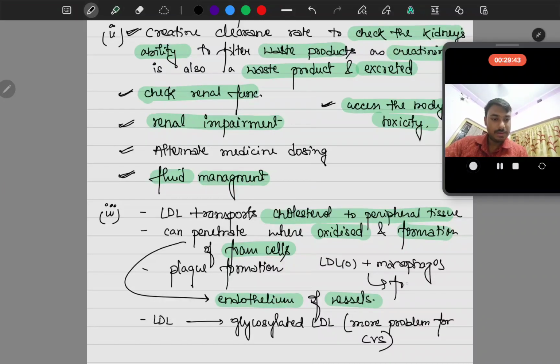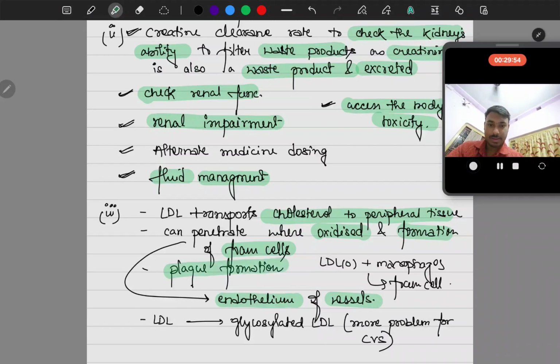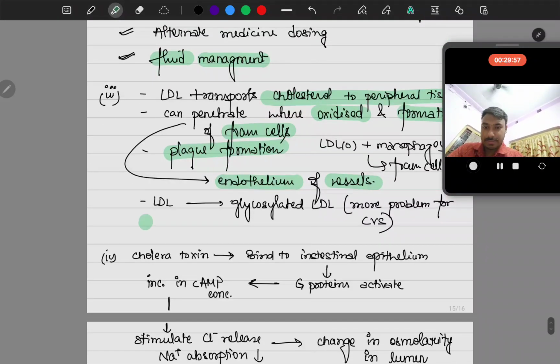Okay, foam cells form, and it leads to plaque formation. What is plaque? Plaque means, if this is a blood vessel and this is the lumen, here a plaque something like this forms, and it generally outgrows till it blocks the vessel completely.